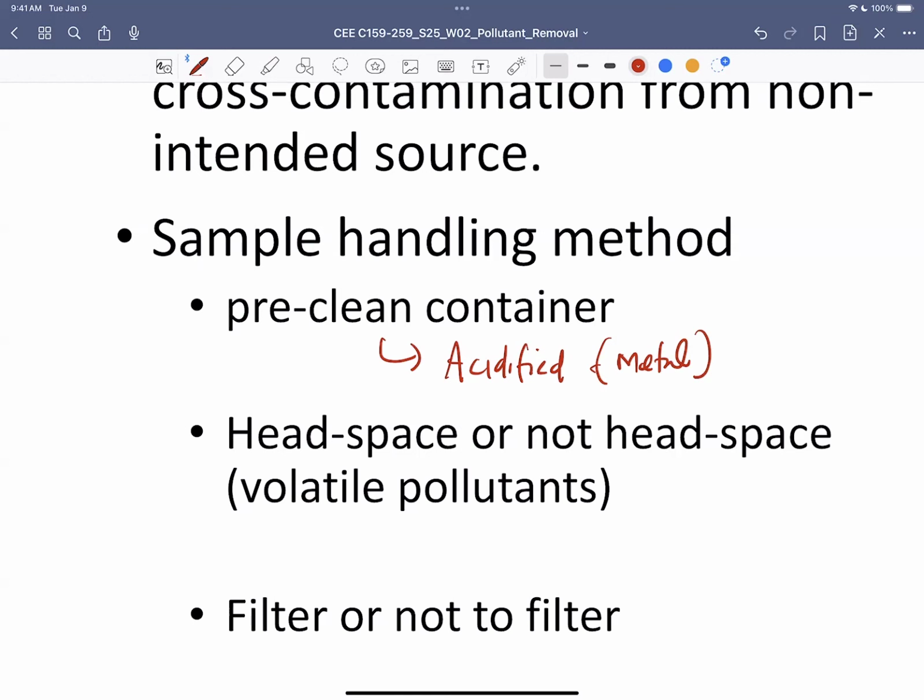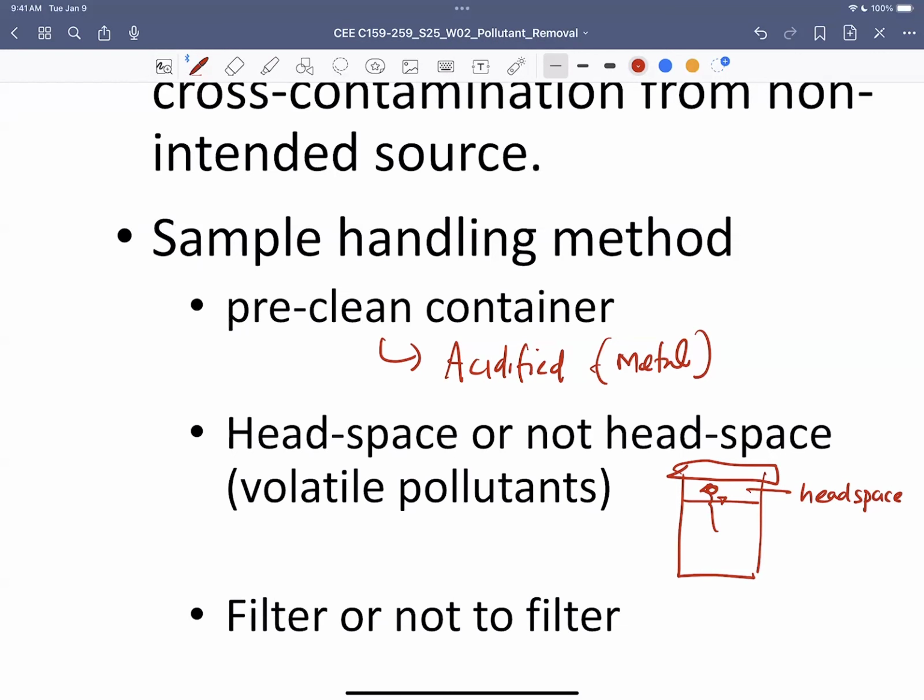And if you're looking for volatile pollutants, they are going to escape from water to the headspace. That means if you have a bottle-like container like this with a cap, you do not want air to be here. This is called headspace. In this headspace, the volatile pollutants will evaporate, so when you open the cap, they will escape.